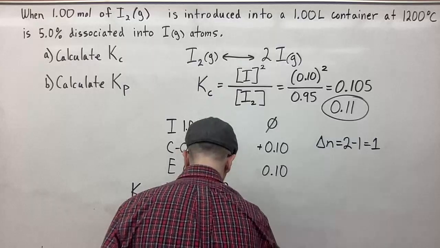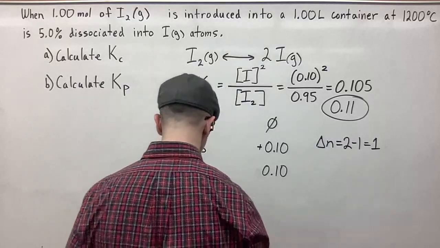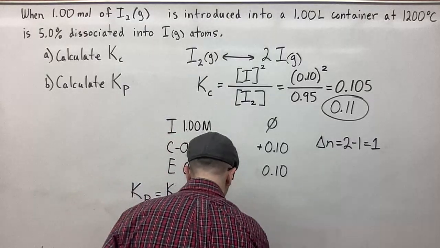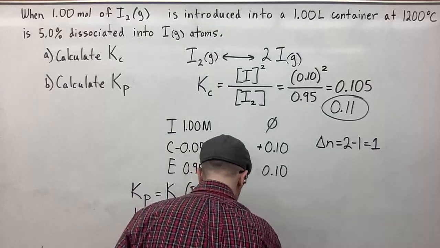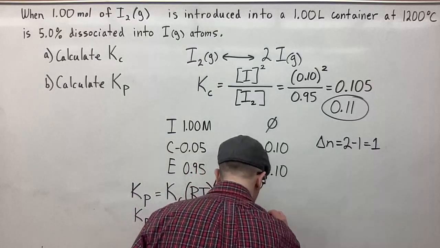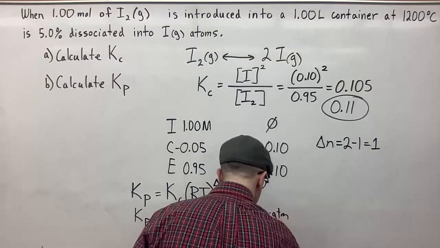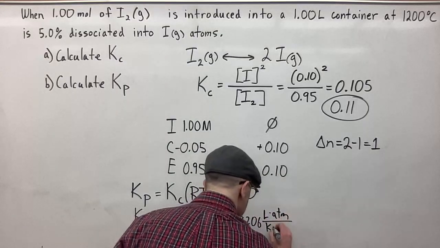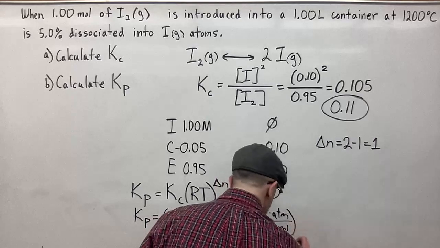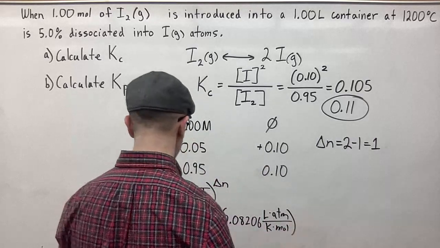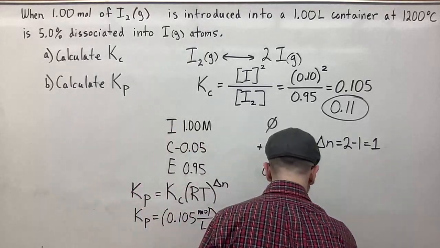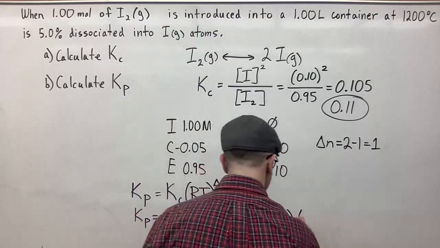And so then we're going to multiply by R, so we have 0.08206, and that's going to be liter atmospheres over Kelvin mole. And then we're going to multiply that by the temperature.